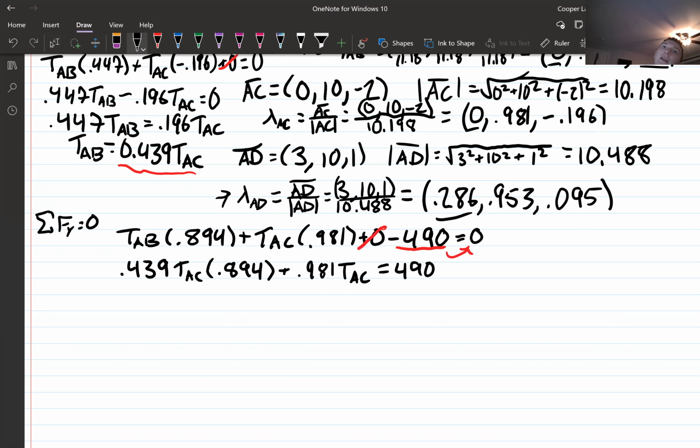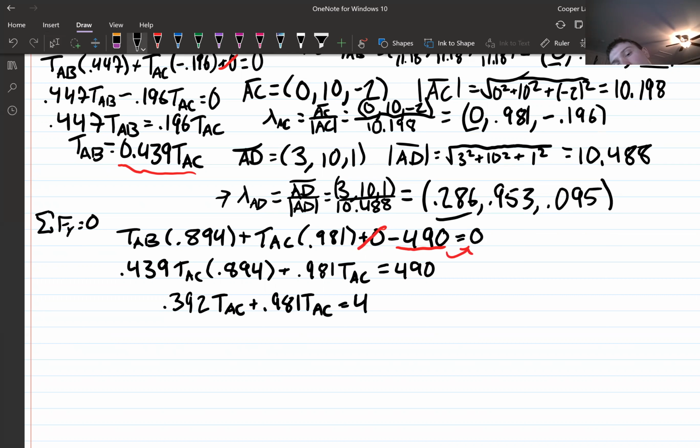When I multiply 0.439 by 0.894, I'm going to end up getting 0.392. And that would be TAC plus the 0.981 TAC that I already have.